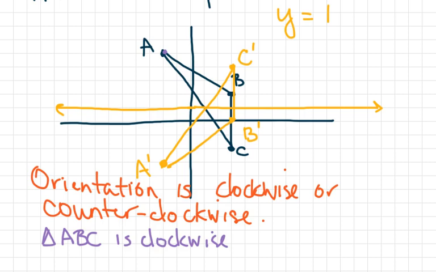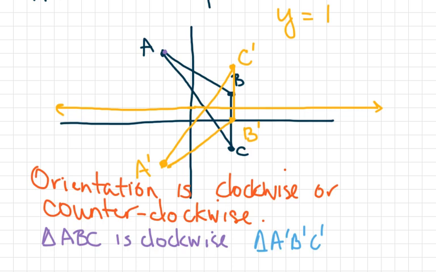So I would say that the orientation of triangle ABC is clockwise. If I look at triangle A prime, B prime, C prime, and I go from A prime to B prime, then to C prime, and back, I am going in a counterclockwise direction.